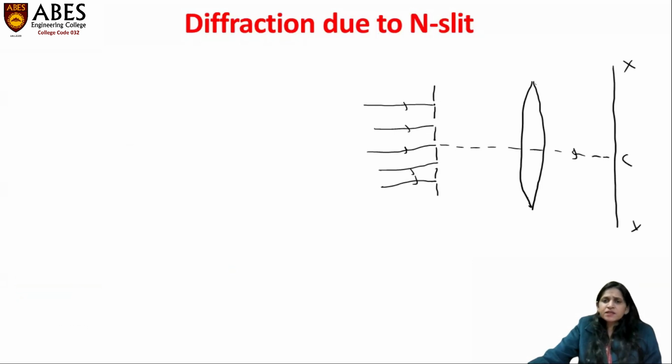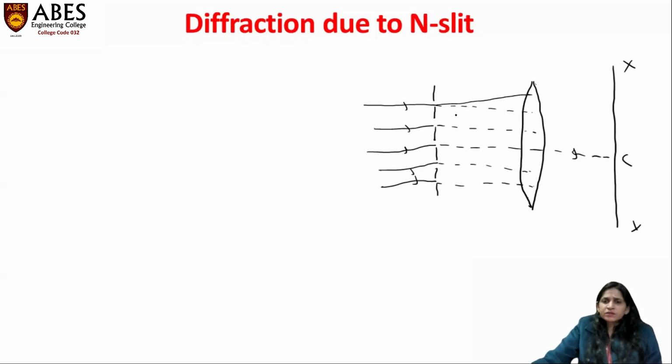And then from the slits, the light may bend at an angle theta or theta dash or theta double dash, different angles. Suppose the light is making an angle theta from the slit.